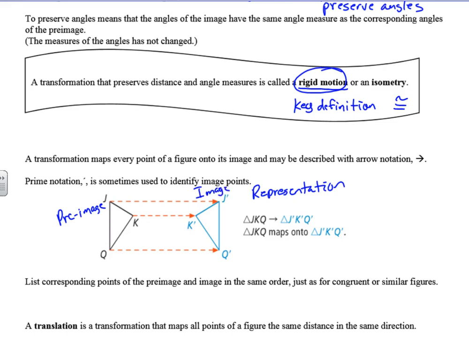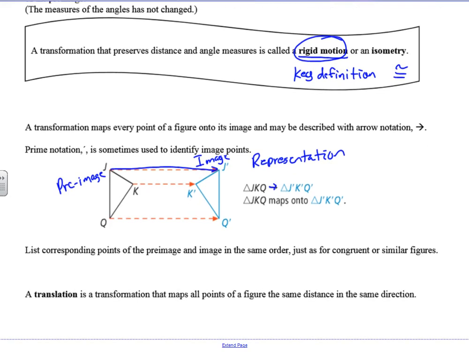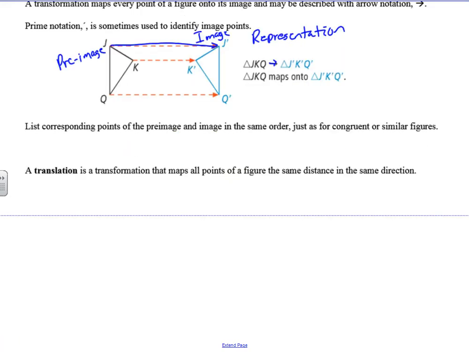You can identify that by the direction of the arrows. We can use an arrow, or we could say that it maps onto, and we also have some function notation that we'll look at a little bit later.